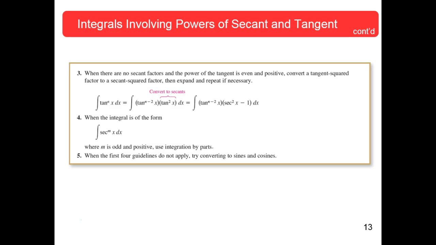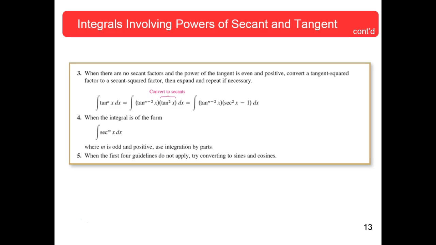Tangent times secant, you can probably get a derivative of a secant out of that, okay? And then you have tangent to an even power. What you do from that point on is a recursive thing. They don't explain it here, but we'll get to it later.